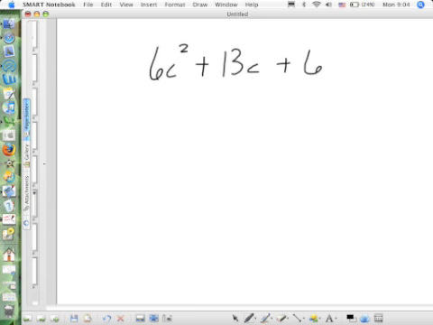First, look for greatest common factor. Is there one? No. Okay, so you have to go through the whole process here. Factors of 6c squared and factors of 6.